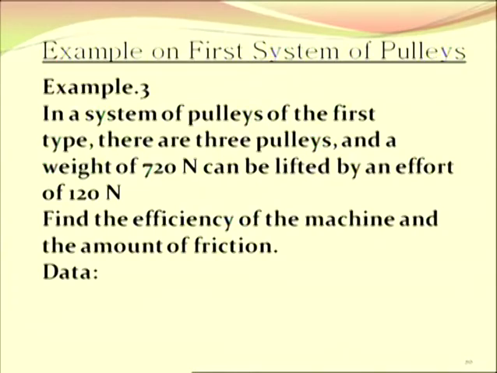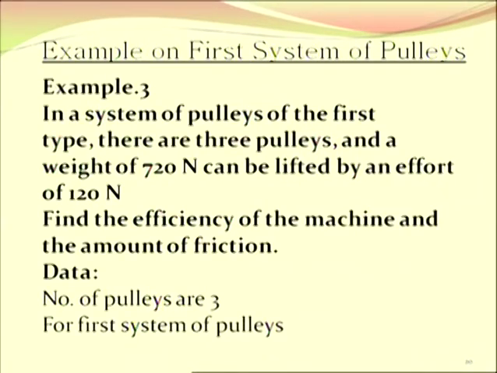Now the data given in this example is that the number of pulleys is 3. So for the first system of pulleys, velocity ratio VR is 2 raised to n, where n is the number of pulleys, given as 3. So velocity ratio equals 8.